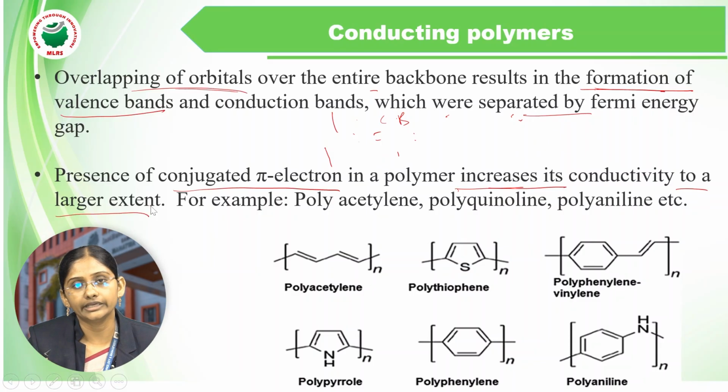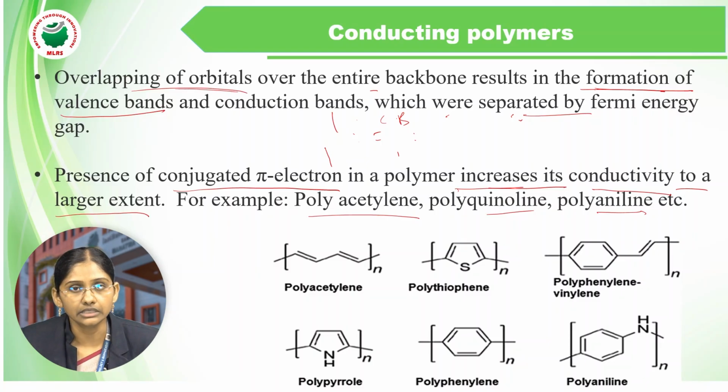Because when we give any external source of electrons, all these electrons start moving through the entire chain, so the conductivity of the polymer increases. Examples are polyacetylene, polyquinoline, polyaniline, and apart from these, ring compounds and all conjugated systems are examples of intrinsic conducting polymers with conjugation.